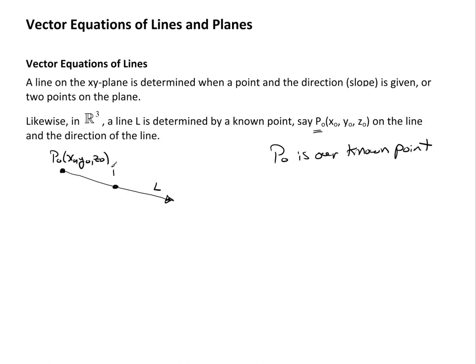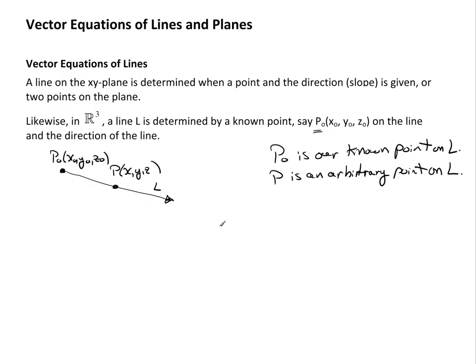It's an arbitrary point, P, which has coordinates x, y, and z. So P is an arbitrary point on L, and of course P0 is also on L.